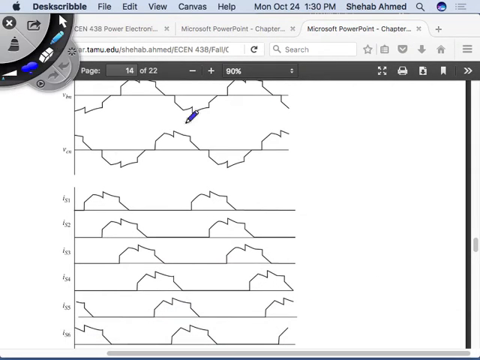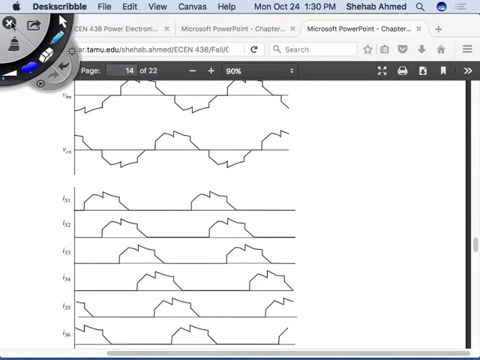We always assume that if we have a thyristor, this is the current flowing from node A to K. So we're always drawing thyristor current in a certain direction, and it will always conduct in that direction. That's why we draw it always as positive. That's why they're all drawn as positive, and they all have the same shape as the corresponding voltage waveform.